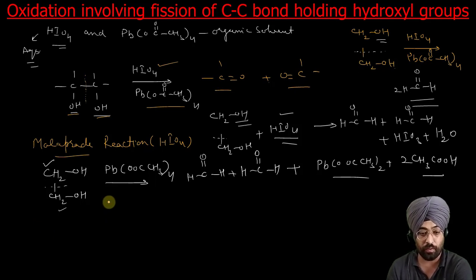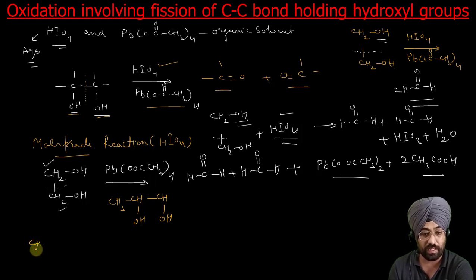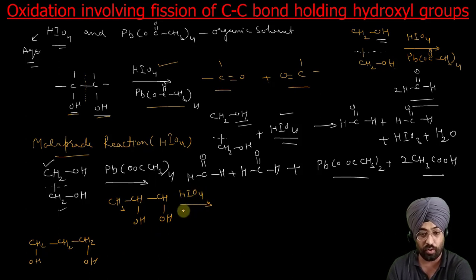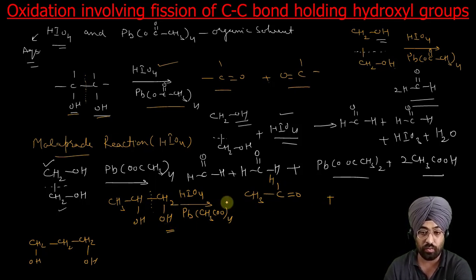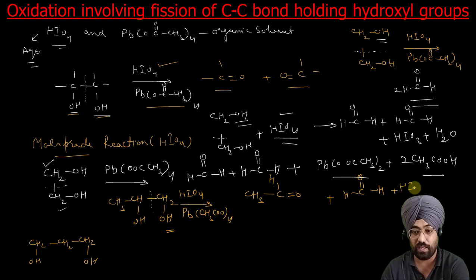Let me write both cases. CH3CHOHCH2OH is propane-1,2-diol, and CH2OHCH2CH2OH is propane-1,3-diol. Upon reaction with HIO4 or lead tetraacetate, the first undergoes the reaction because the OH groups are attached to adjacent carbons. It gets converted to CH3CHO, acetaldehyde, plus HCHO, formaldehyde, plus HIO3 plus water.